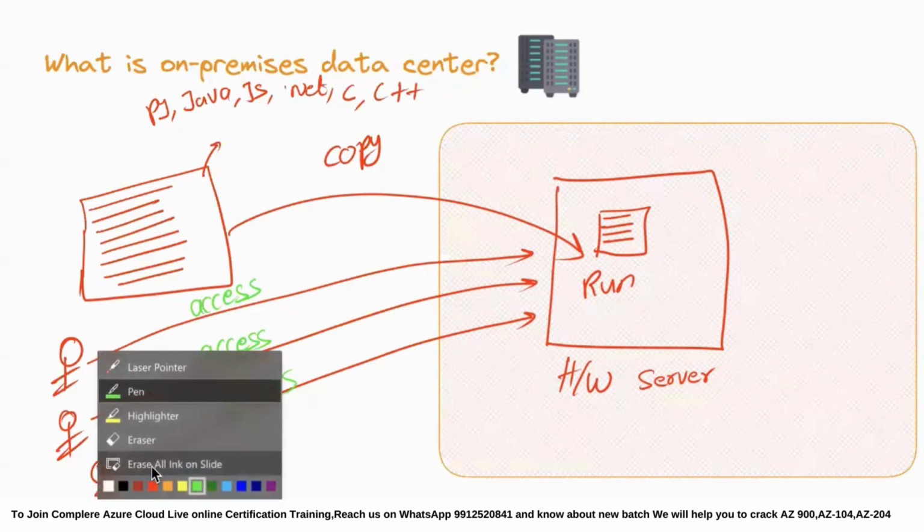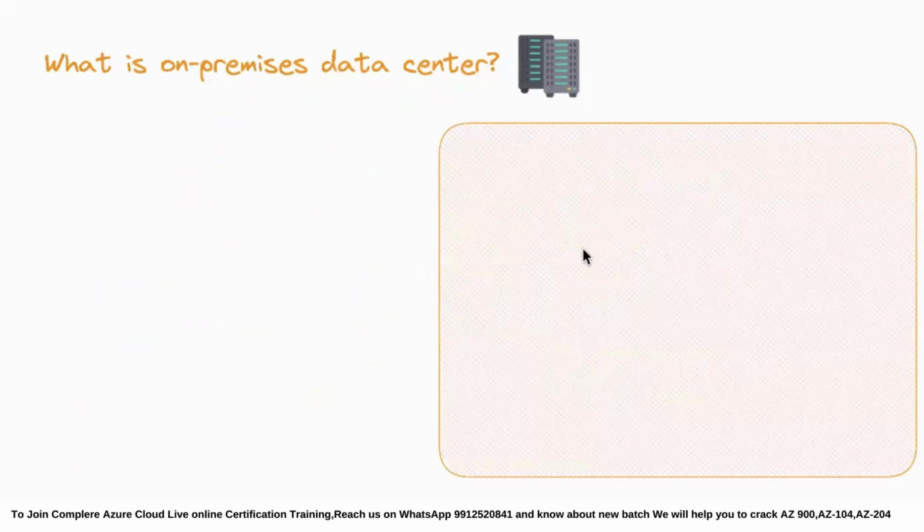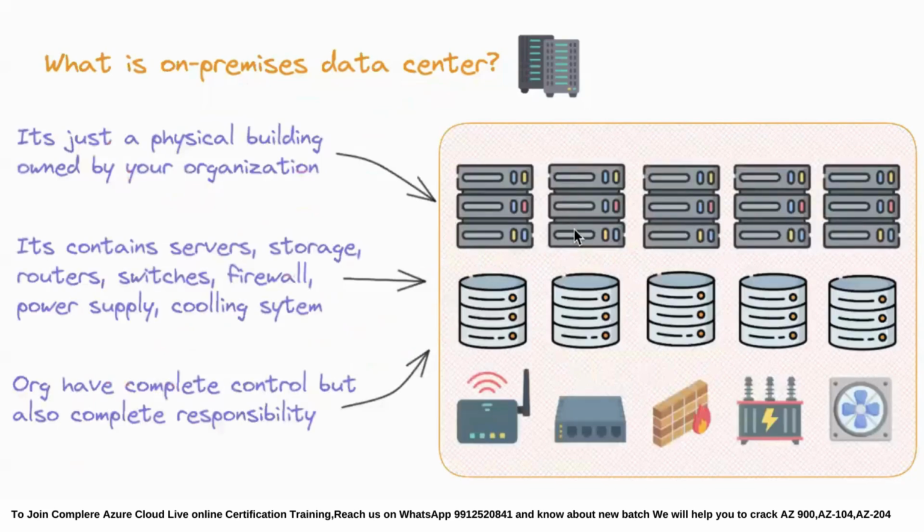Now the problem here is hardware. This hardware contains computers with RAM, CPU, storage, network devices, firewalls, and so on. Every piece of hardware is maintained by your own organization.